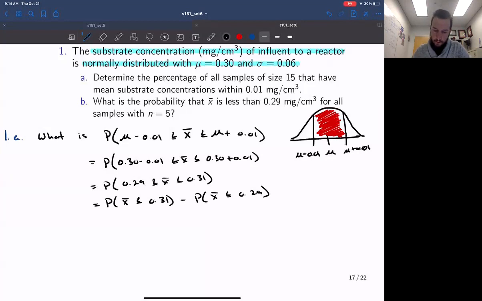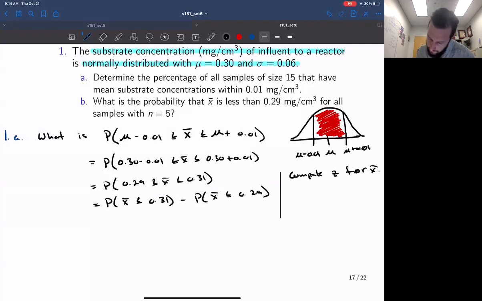Okay, now what we have to do is standardize. So now what we need to do is compute Z for X bar.